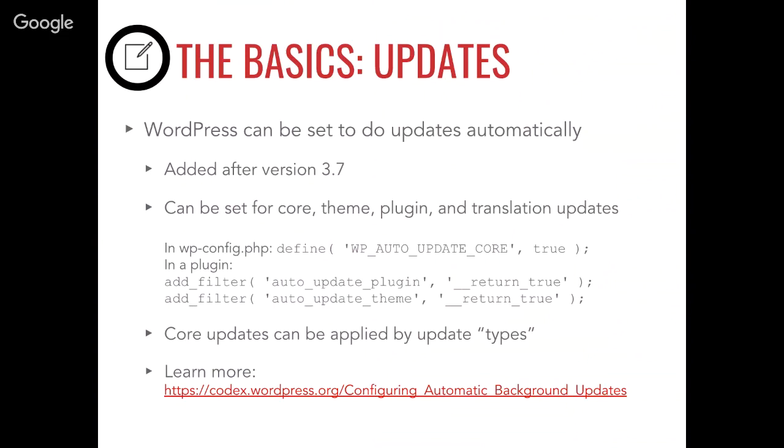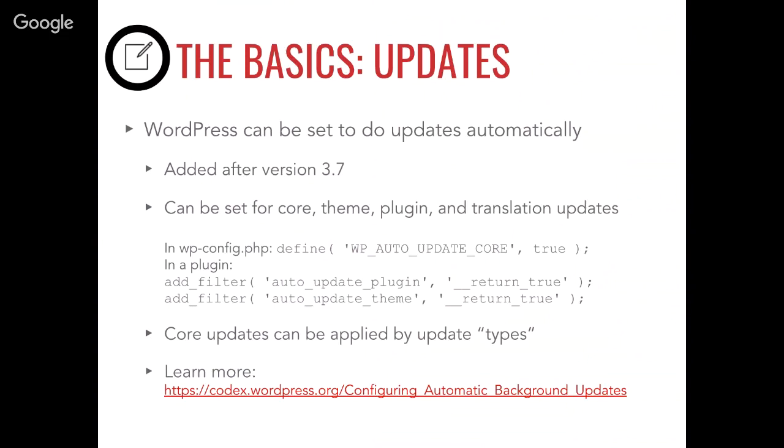And what that's going to do is allow you to set your site to be updated automatically in the case of various updates. So here's a little bit of code that you could add to wp-config to update core and or your plugin and themes as well. Most of the time, again, this does not cause problems. So this is a good idea. Maybe you don't want to do it to themes and plugins. That's understandable, but core is a good idea.